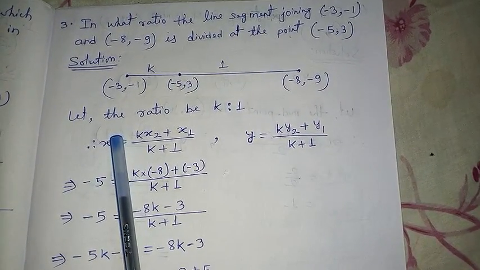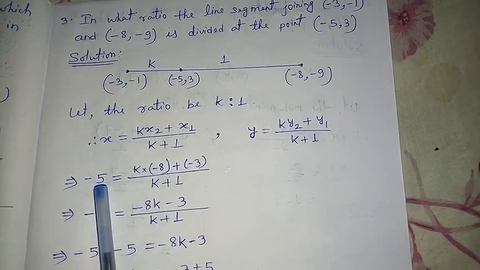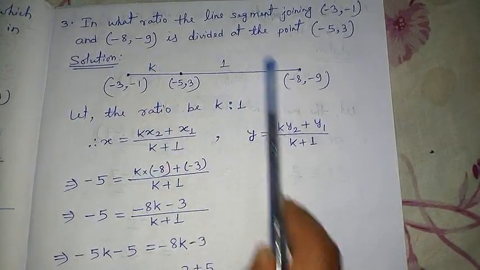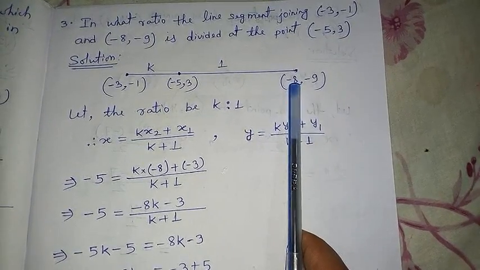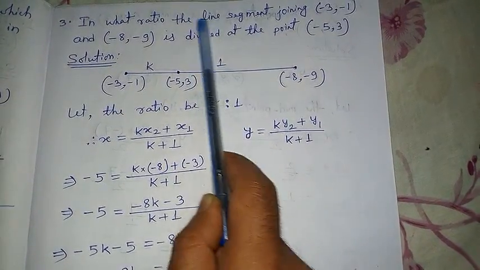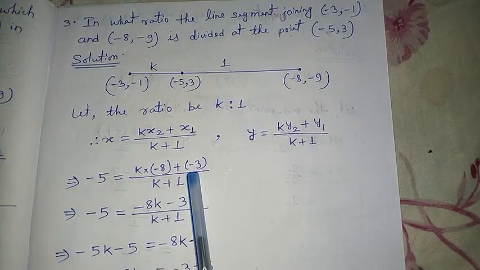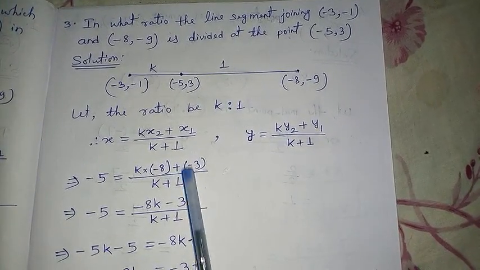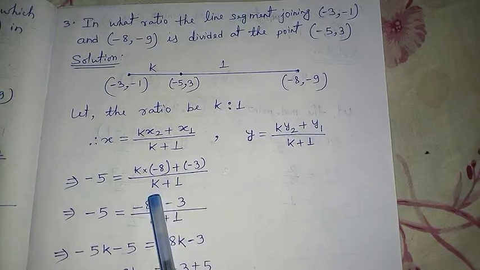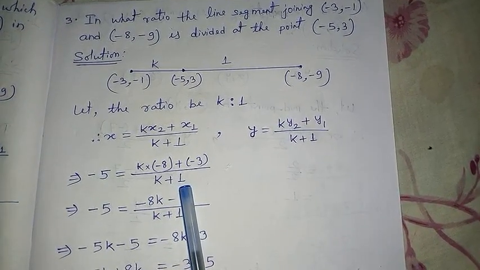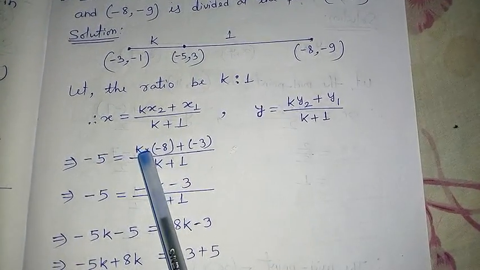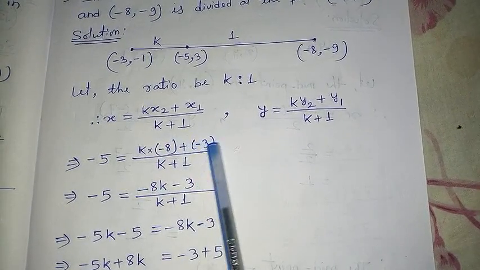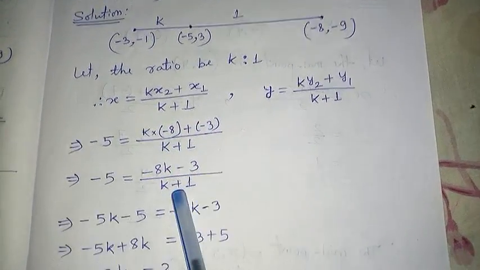So I will use the value of x here and write minus 5 equal to k, which is unknown, k into, this is x2, so minus 8, plus 1 into minus 3 is minus 3. 1 into minus 3 is minus 3. As minus and plus is there, so I wrote minus in brackets. And the lower part k plus 1. Now minus 5, same. Minus 8 into k, minus 8k. Plus into minus, minus 3, over k plus 1.